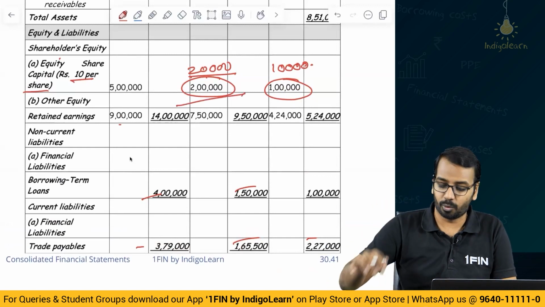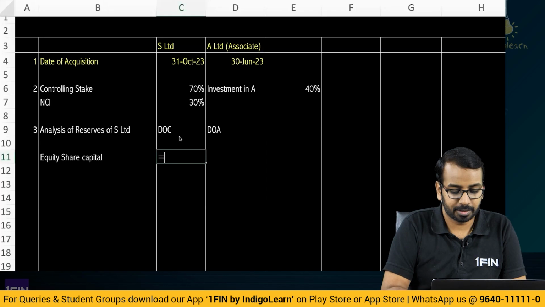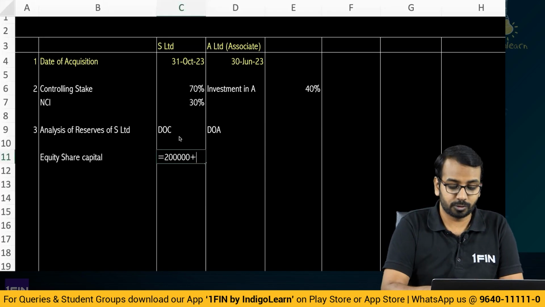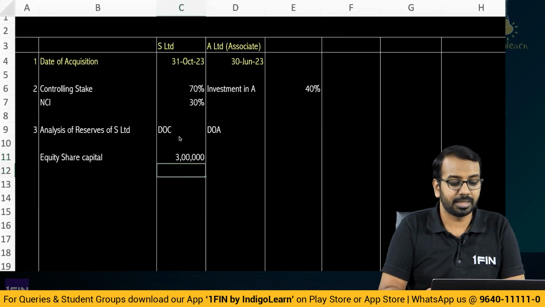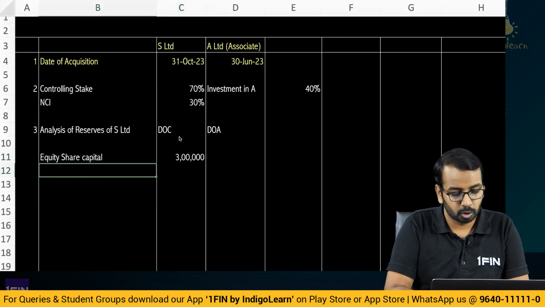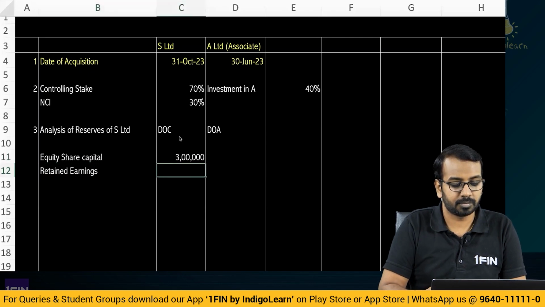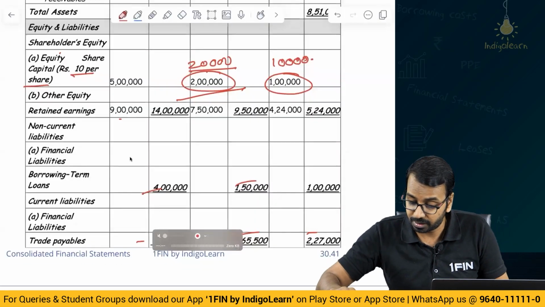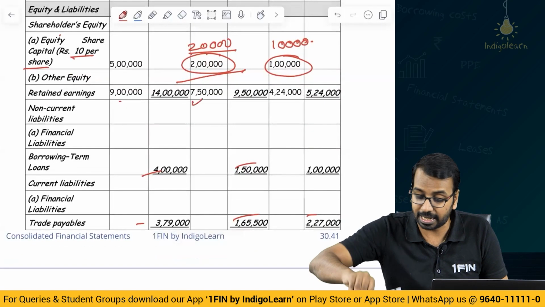How much is the bonus? 1 for 2, so that is 1 lakh. That is your equity share capital. Then, what is your retained earnings? Retained earnings on date of consolidation, if we see, is given to be 7,50,000.